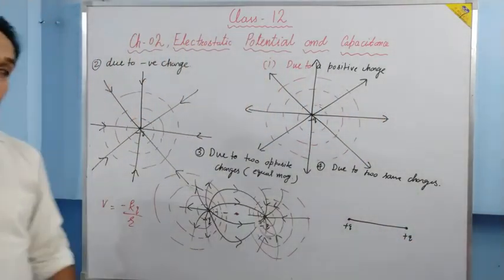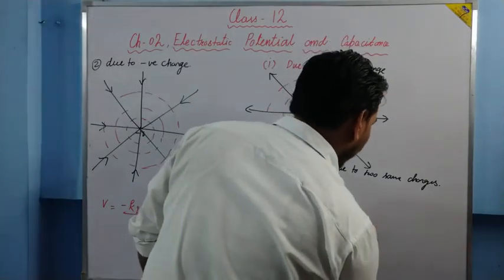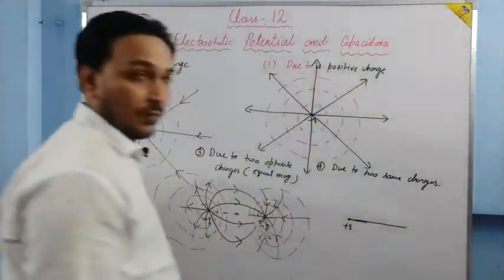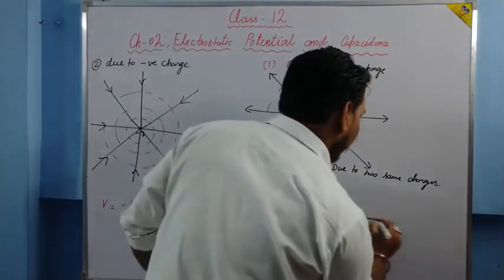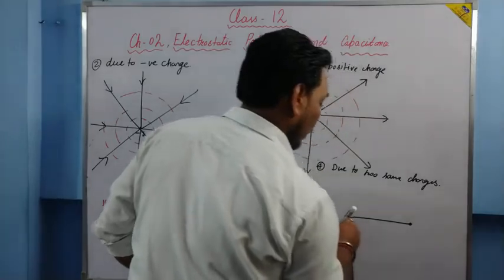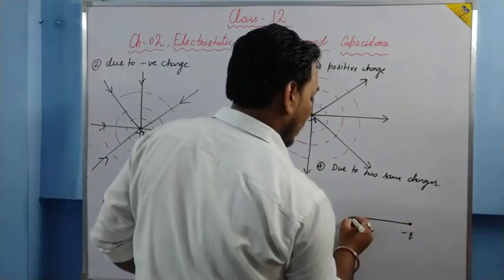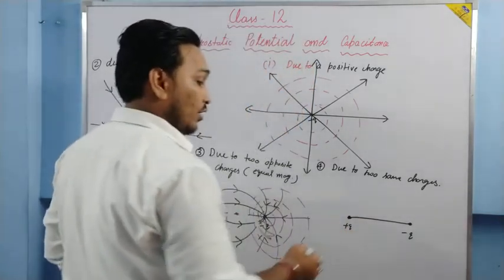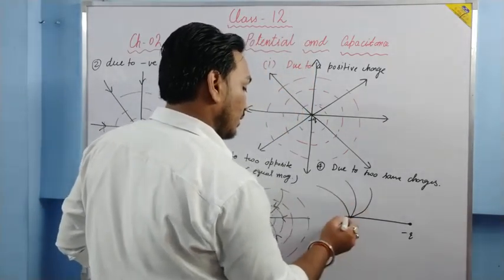How is the direction of electric field? This is a minus Q. Now, how are the directions of electric fields? The electric field will be like this.